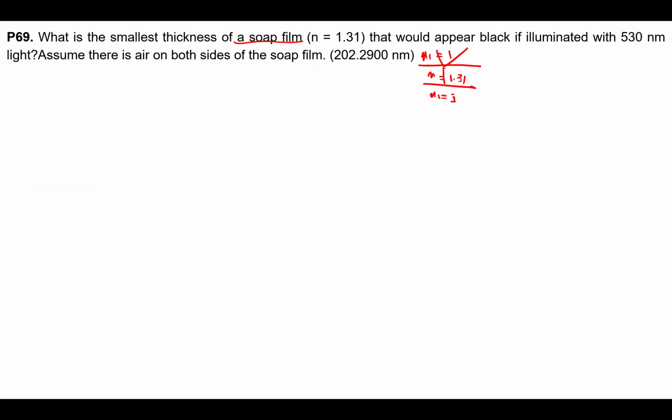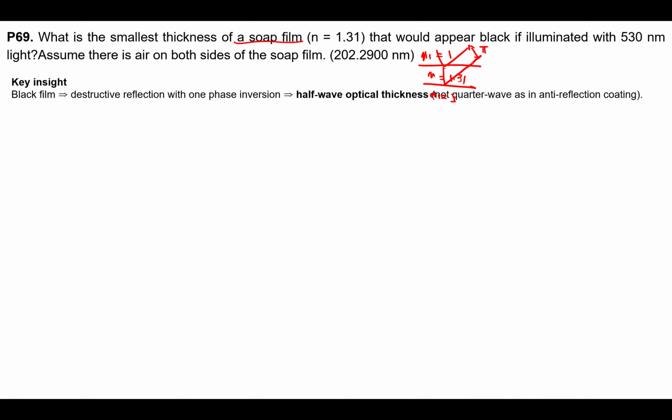There is a pi phase shift at one surface, but not at the other, so that between them there's a pi phase shift. The pi phase shift is nothing but half wavelengths.